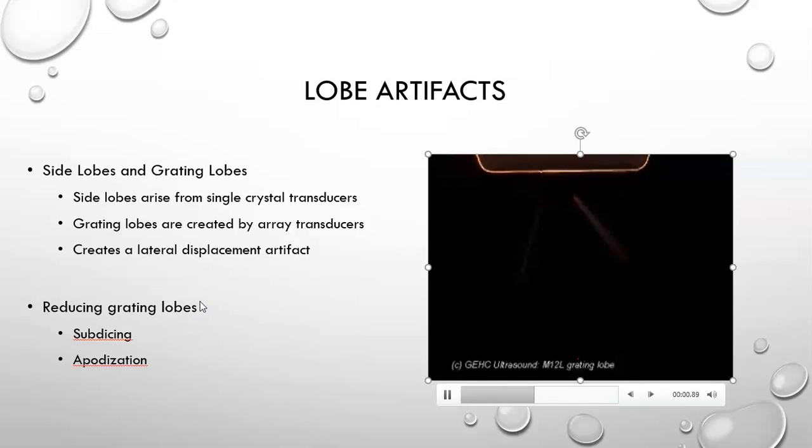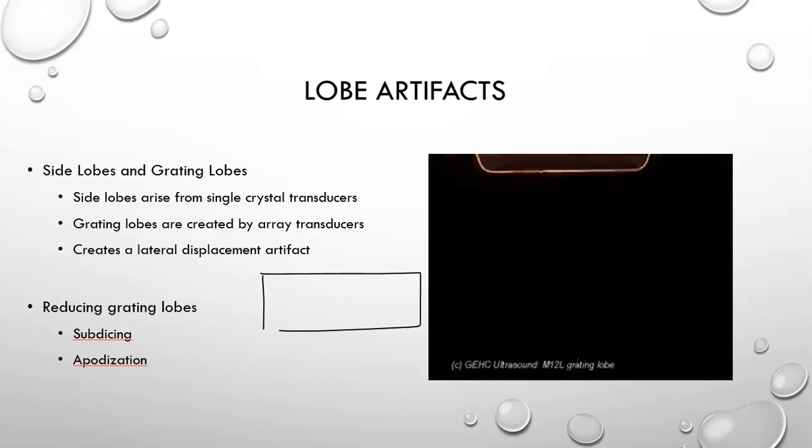The two ways we can reduce grating lobe artifacts is by subdicing. And so subdicing, let me go ahead and draw a picture here of what subdicing is. If we have a crystal and the microcrystals are cut into it, then subdicing is cutting into those microcrystals just a little bit, not all the way through.